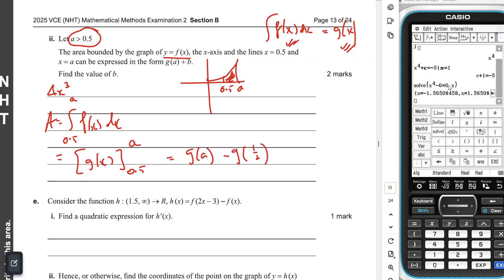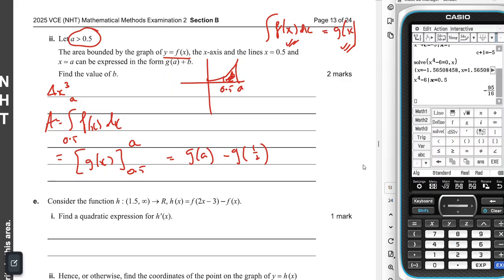And g of a half, given x equals 0.5, is minus 95 on 16. And b equals negative 95 on 16.